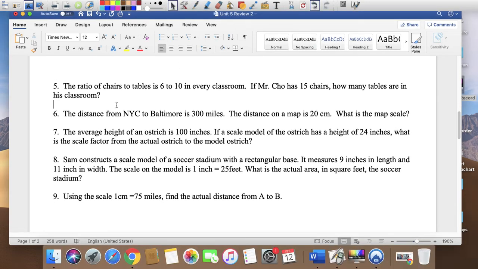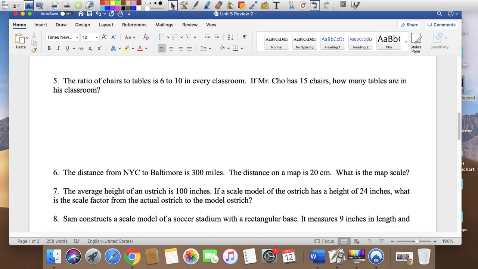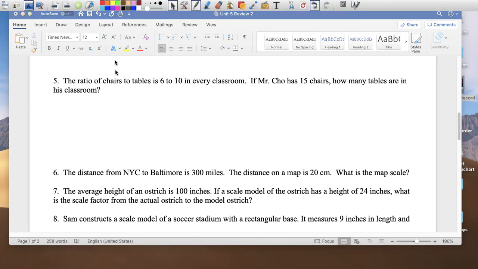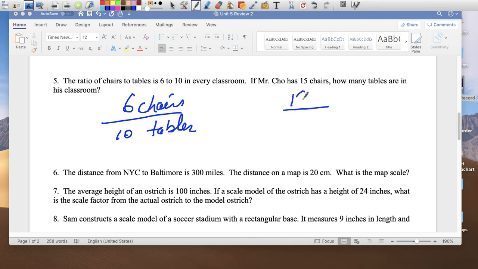The ratio of chairs to tables. So for every 6 chairs that you see, there should be 10 tables. Now, if I have 15 chairs in my class, how many tables do I need in my classroom? Well, to keep this relationship the same, let's set up the right proportion.